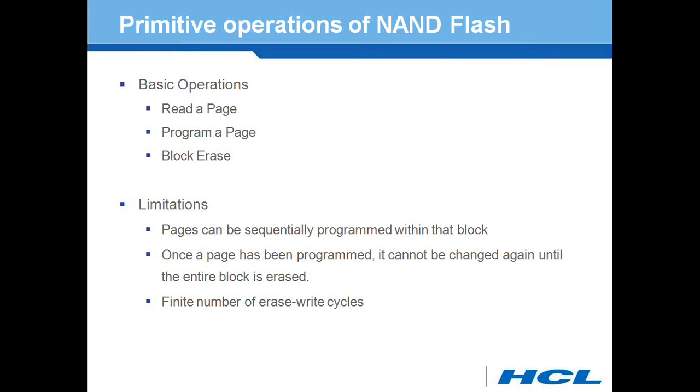From the data register it is transferred to the internal flash memory after a specific program delay. This programming delay may vary, depending upon the flash type and page size of the flash.